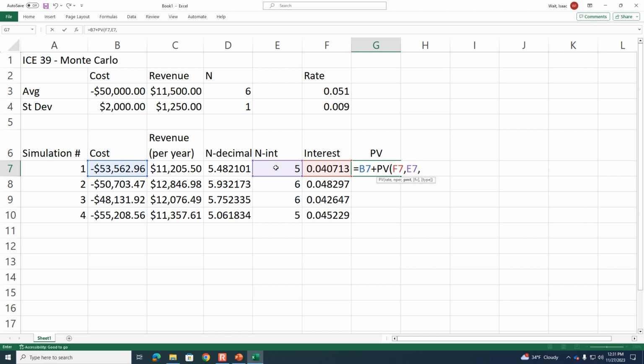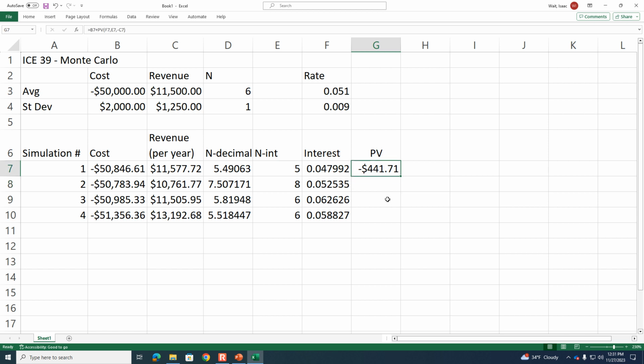And then for payment, I'm going to put in this revenue per year. It's a recurring amount. It's a uniform series, so it goes in the payment field. So the minus of the amount. Remember that the built-in functions would change the sign, and so we have to put in the minus of the amount to keep that as a positive value.